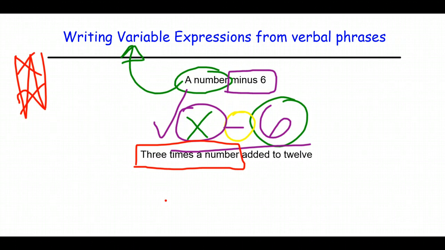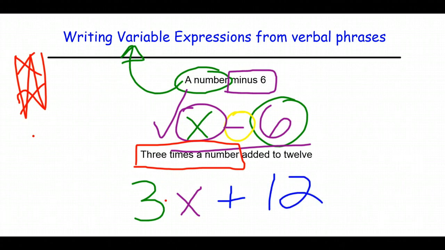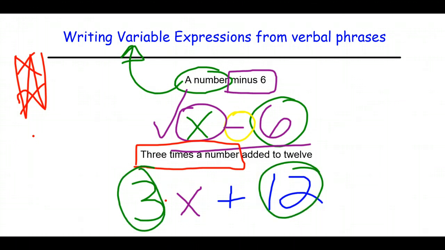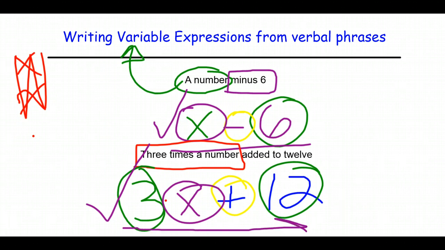So I'm just going to use a dot instead for multiplication. So we have 3 times a number. Again, our number is unknown, so I'm going to use x. 3 times x added to 12, so then we add 12 to 3 times x. Again, numbers, operations, variables, variable expression. 3 times a number plus 12.